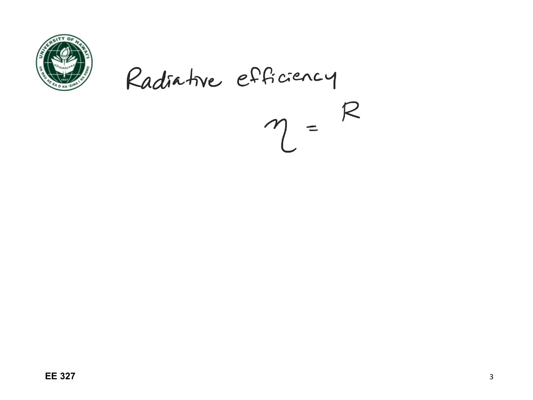So it's going to be the radiative recombination rate related to the total recombination rate in the denominator. Okay, now does this tell us the whole story of how much light the LED can produce? Well, not yet. We need to use the radiative efficiency and the injection efficiency to define something called the internal quantum efficiency.